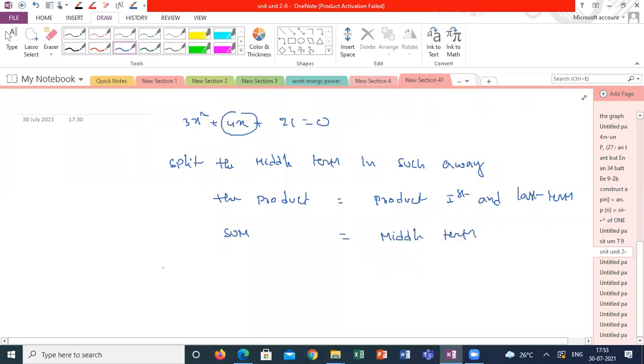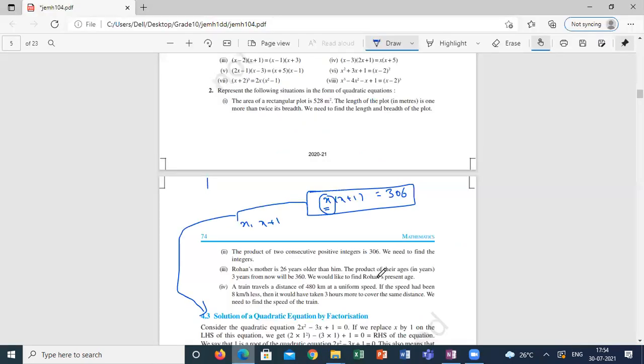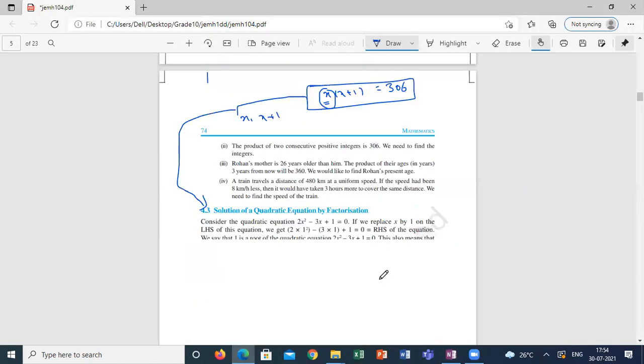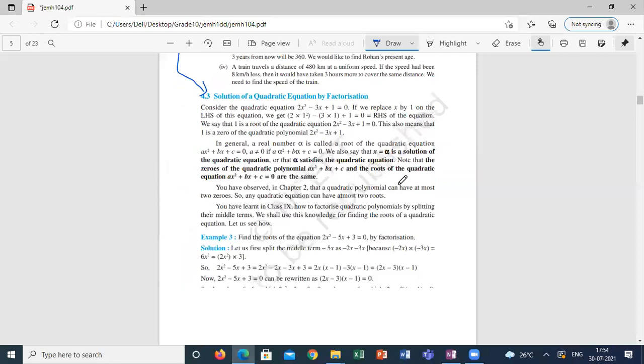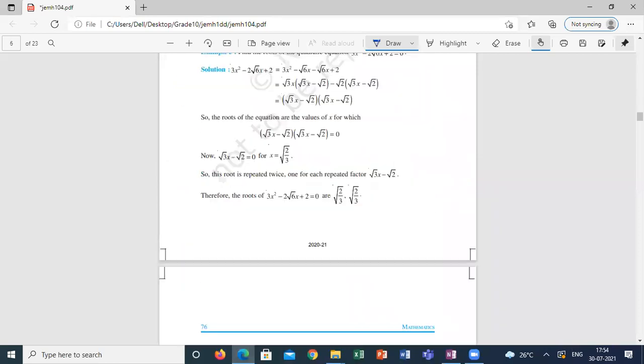So you have to split into 4 terms. Now group any 2 terms, then factorize. This method is known as the factorization method. Each and every method we have. The first is the factorization method, that is, splitting the middle term; then the completing the square method; and using the formula.